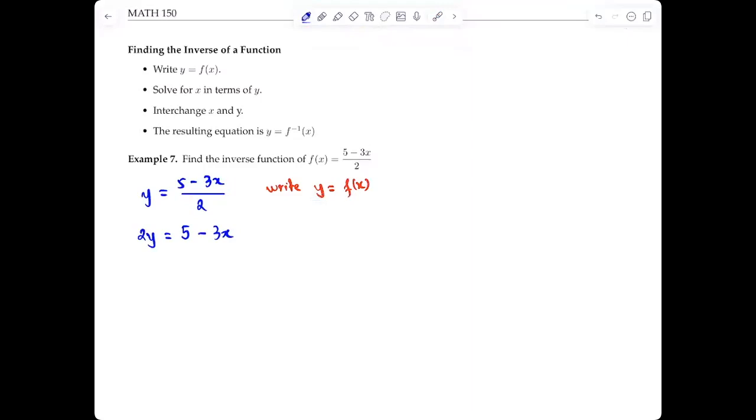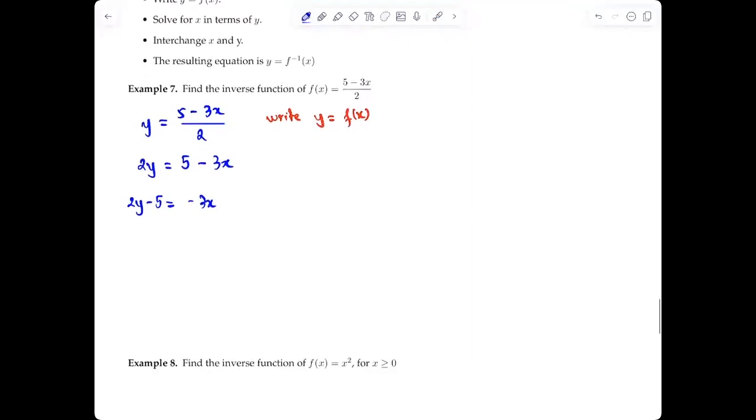You move 5 to the left-hand side, and you get 2y minus 5 equal to negative 3x. And then to get x by itself, I divide both sides by negative 3, and I get 2y minus 5 over negative 3 equal to x. So this step is just for you to solve for x in terms of y.